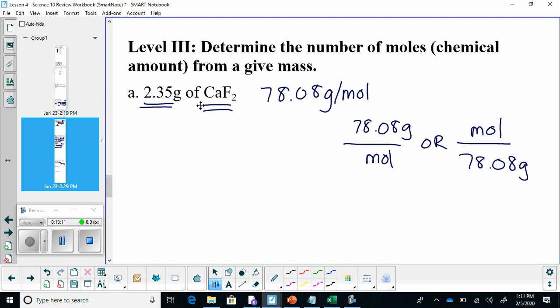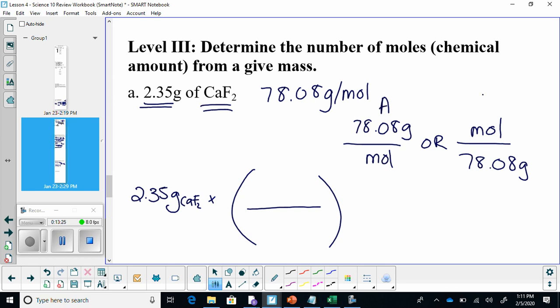Let's say it's representing the same molar mass. I'm going to start with the number that is provided in the question, 2.35 grams of calcium fluoride. And then I need to select a ratio. Does it make sense to use A or B? B. Okay, so we put B in, moles on top, 78.08 grams.